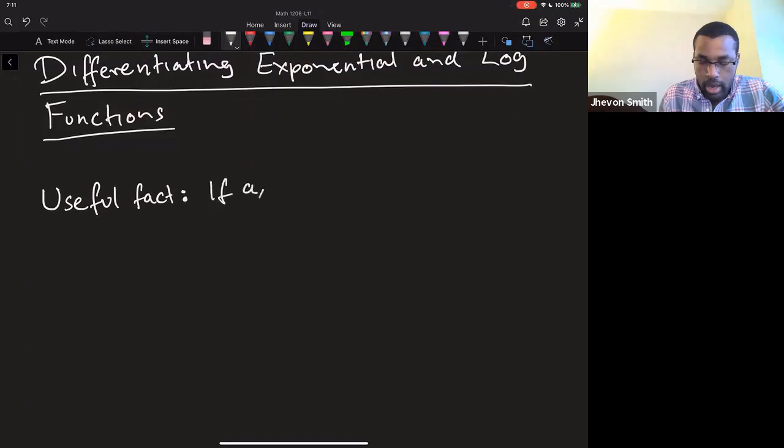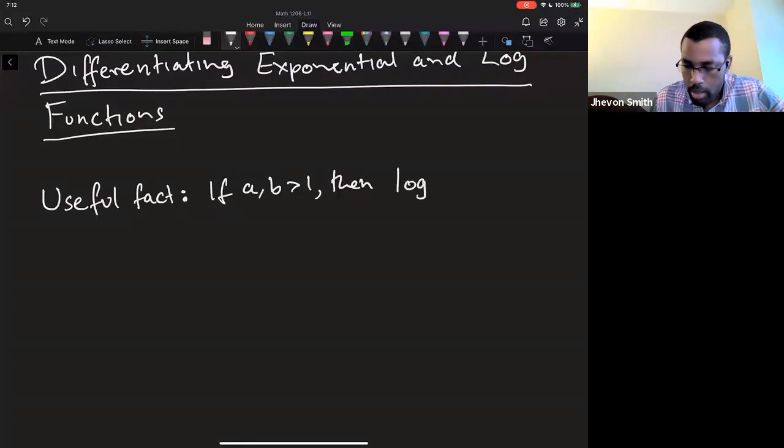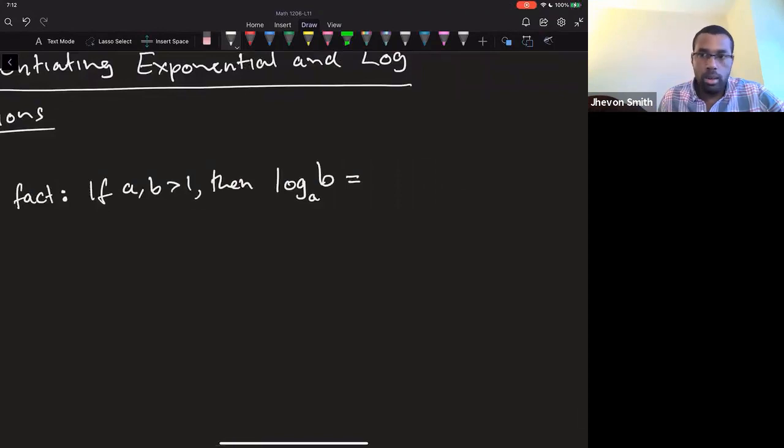If a, b are greater than 1, then the following equation is true: log to the base a of b equals 1 over log to the base b of a. It turns out that you can take a reciprocal of a log, but you have to switch the base and the number being logged. Right? Which is very interesting.